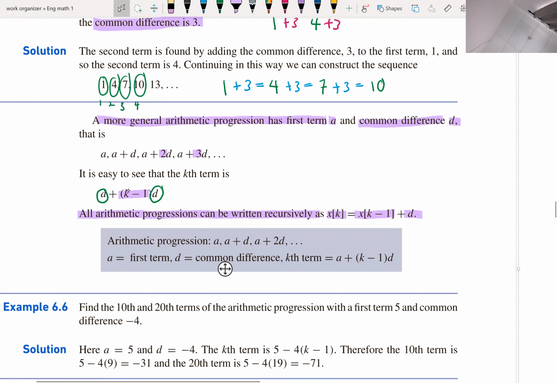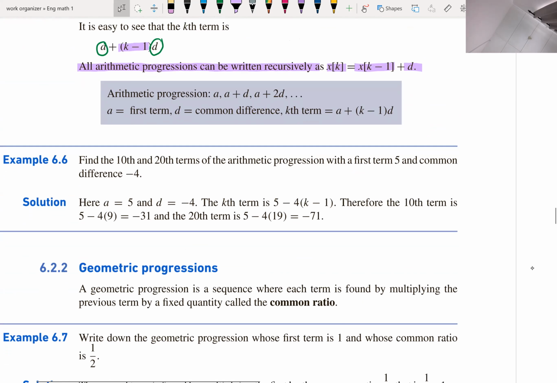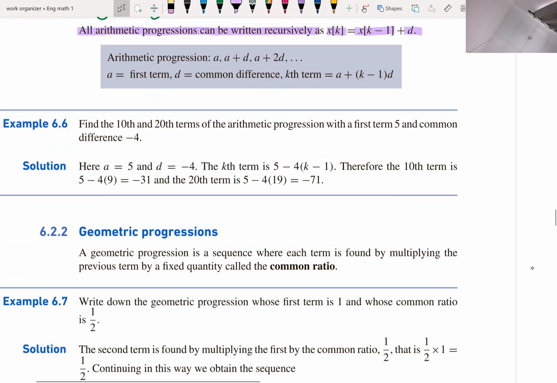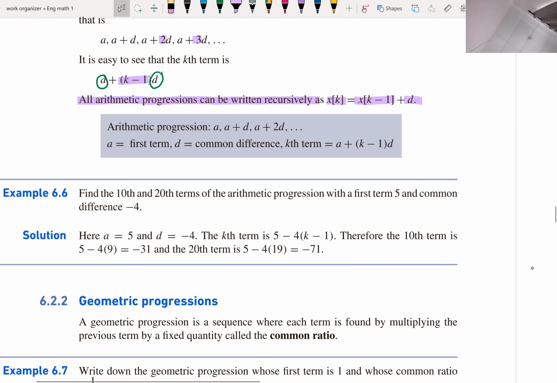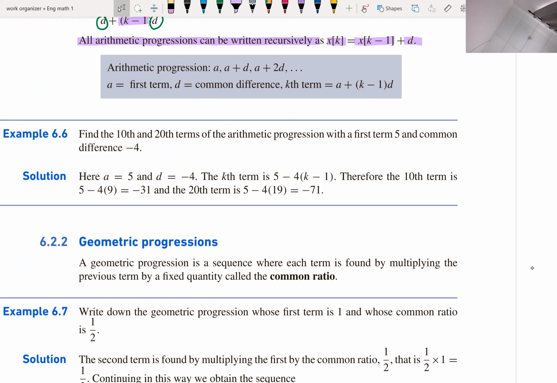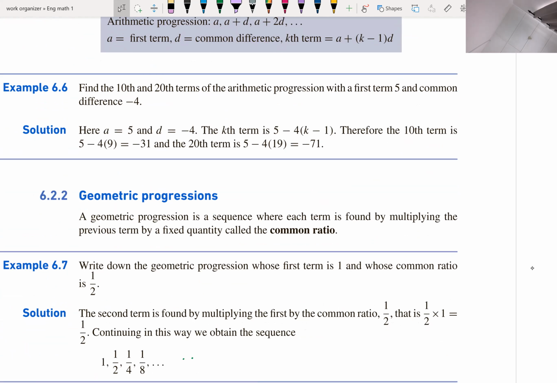So now today we are going to learn about geometric progressions. A geometric progression is a sequence where each term is found by multiplying the previous term by a fixed quantity called the common ratio.